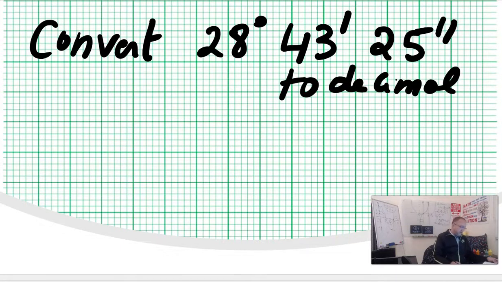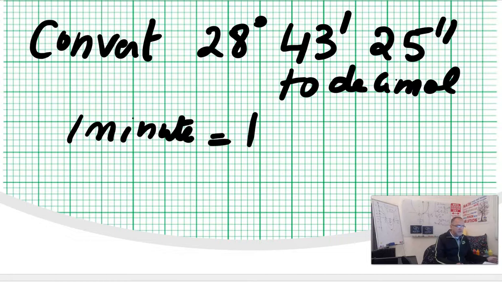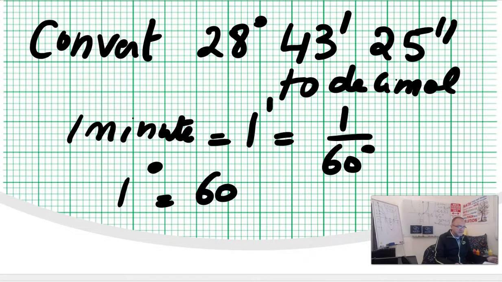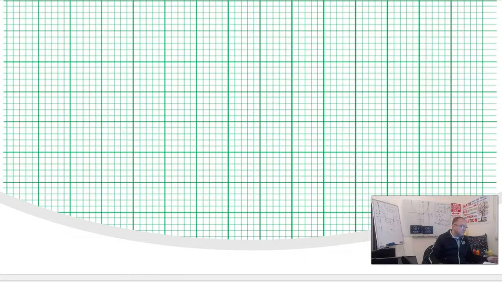You are taught to solve it this way, which is perfect and correct. You say 1 minute equals 1/60th of a degree, or 1 degree equals 60 minutes.